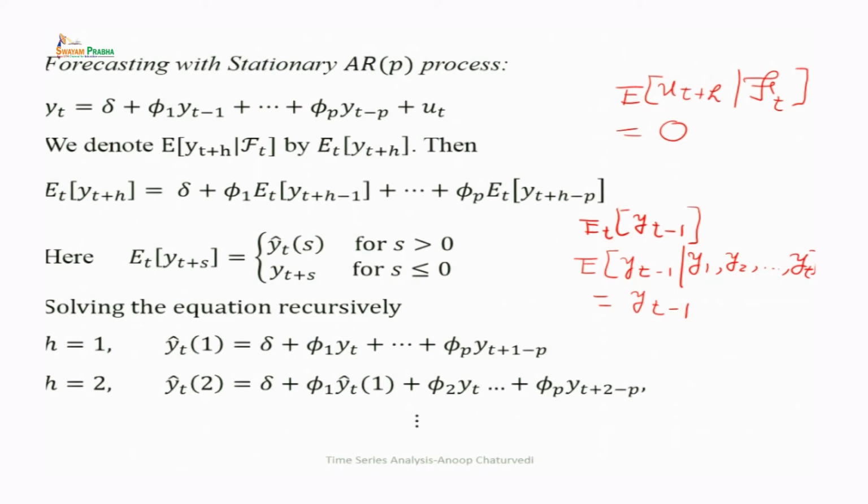Now, we solve these equations recursively. For h equal to 1, you have y hat t 1 equal to delta plus phi 1 times E_t of y_t, which is equal to y_t itself, plus so on, plus phi p times E_t of y_{t+1-p}.